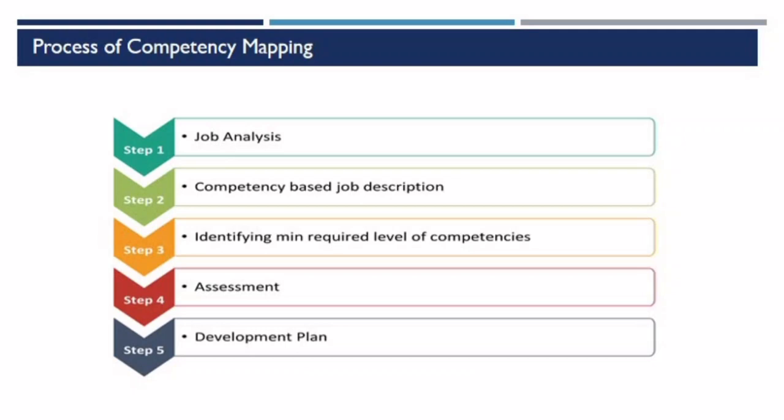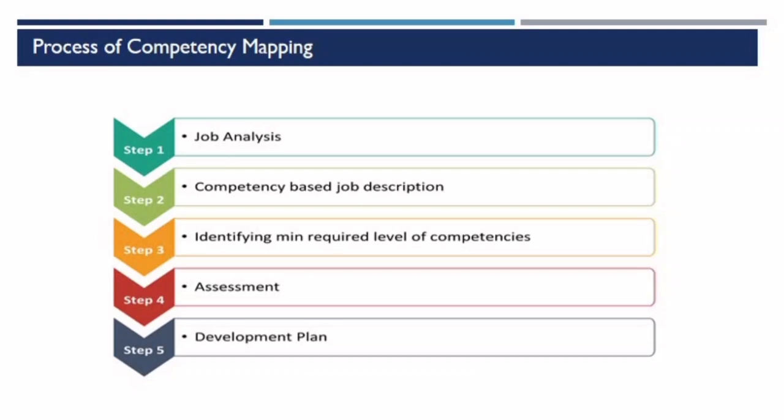Next is identifying the minimum required level of competencies for performing the job. The level of minimum required competencies, that too has to be mentioned. Next is assessment. Based on these requirements, the employee's efficiency or performance has to be measured.